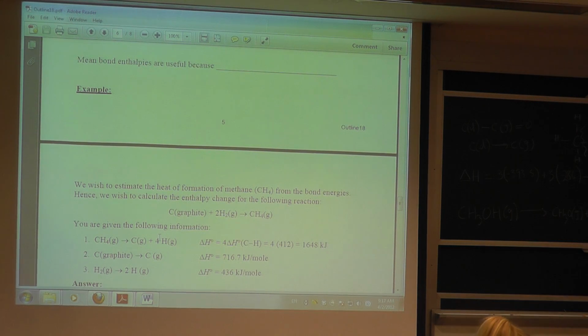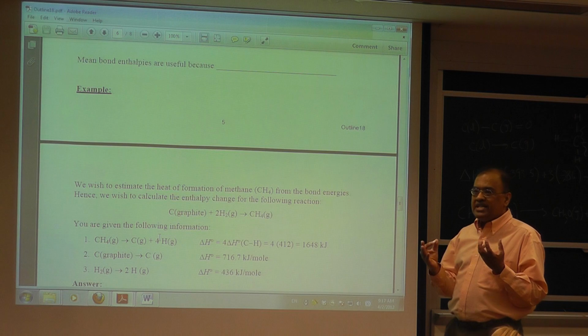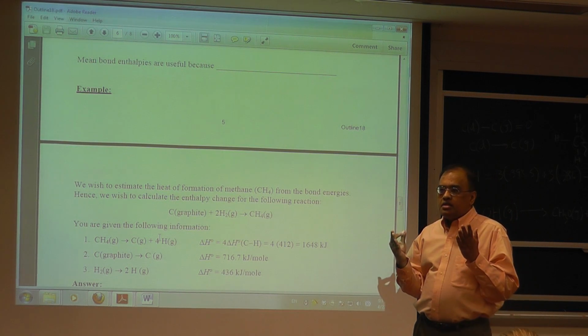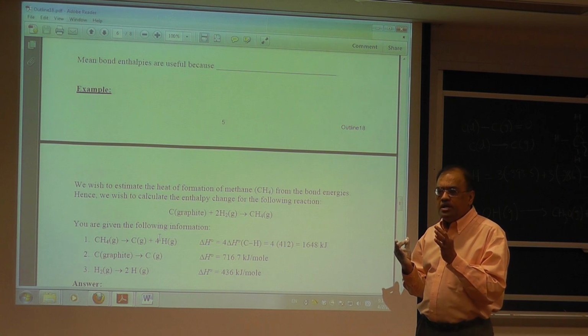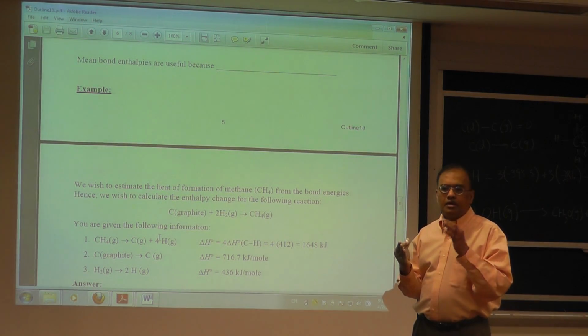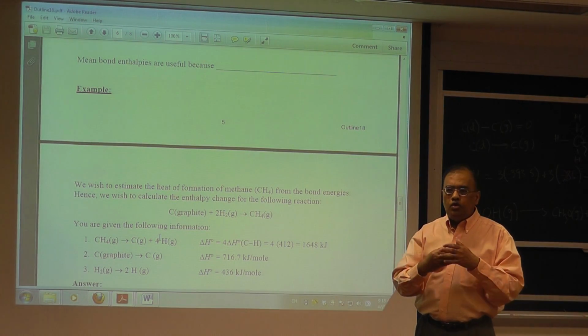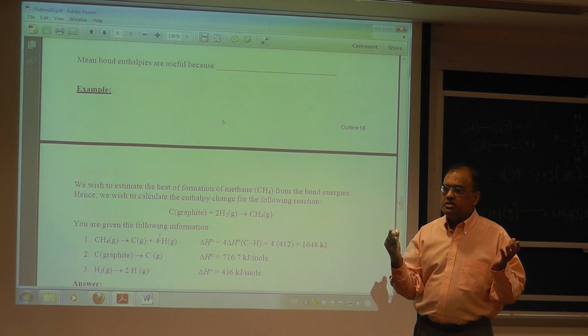Mean bond enthalpies are useful because of what I just said. A particular bond has approximately the same strength over many different compounds.